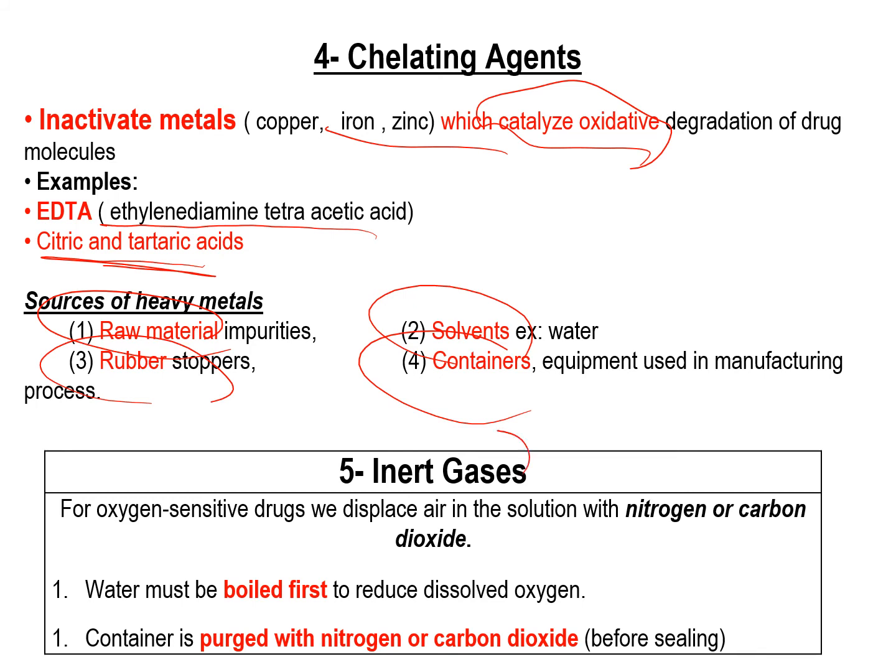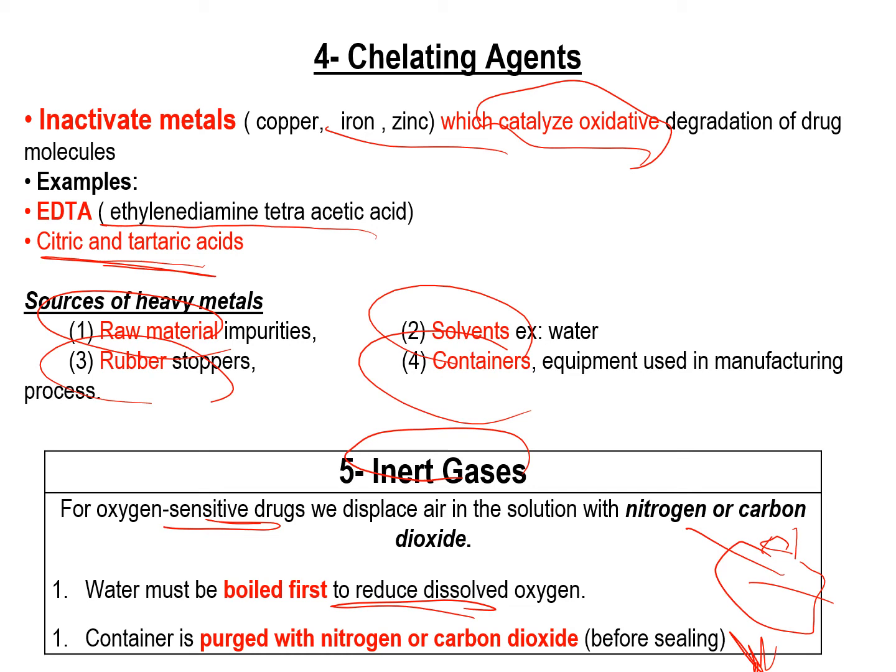Another excipient that should be added if the drug is sensitive to oxidation is an inert gas, as we mentioned before. The presence of oxygen in the solution and in the headspace will also facilitate oxidation, so to avoid that, we have to remove oxygen. How? By boiling the solution if the drug is thermostable, to reduce the oxygen present in it, because you know the solubility of gases in water decreases by heating.